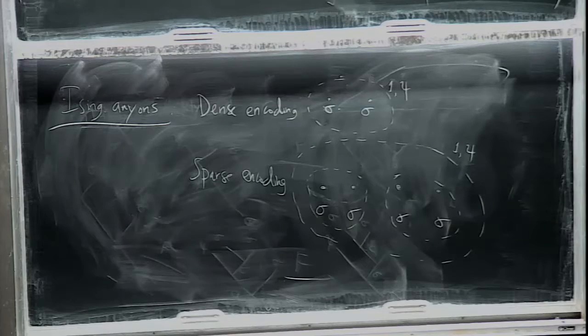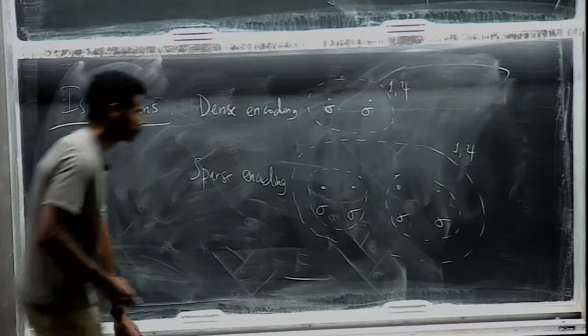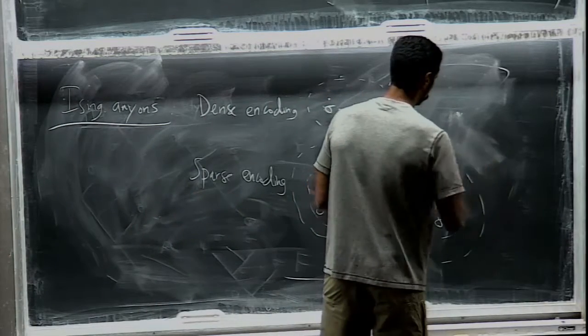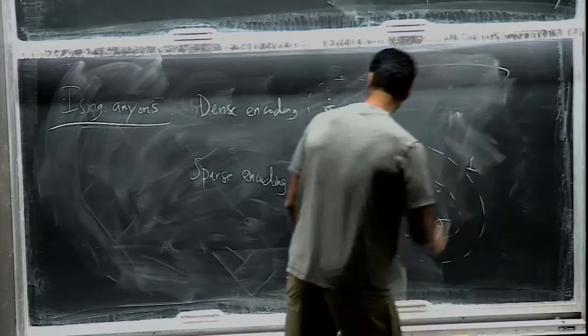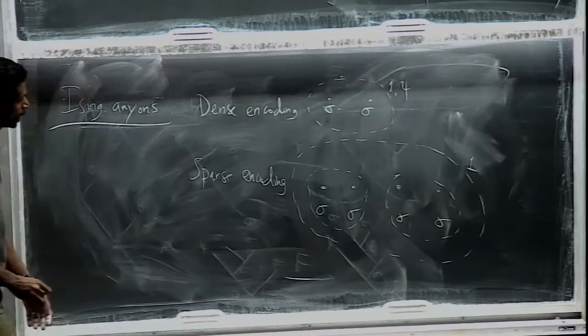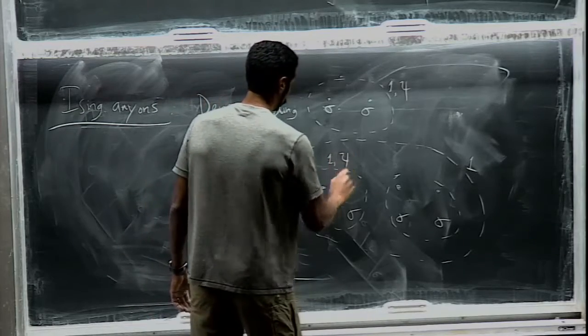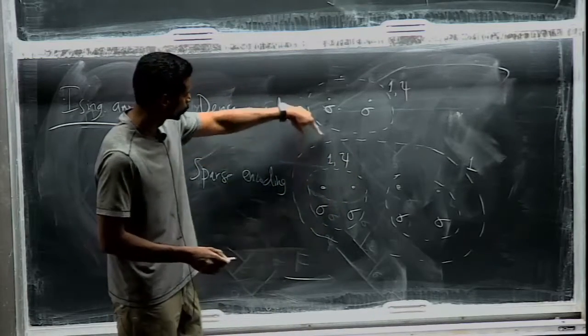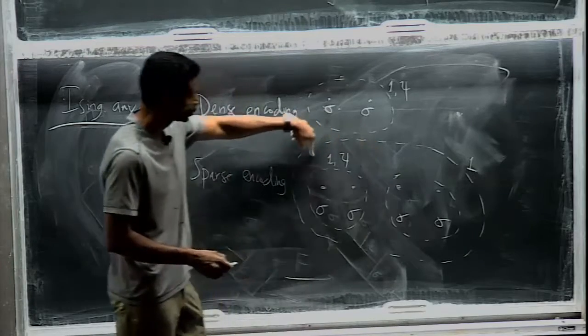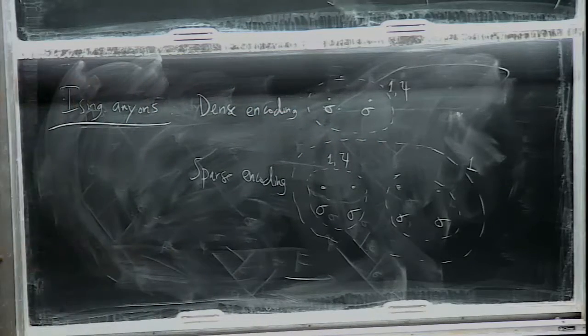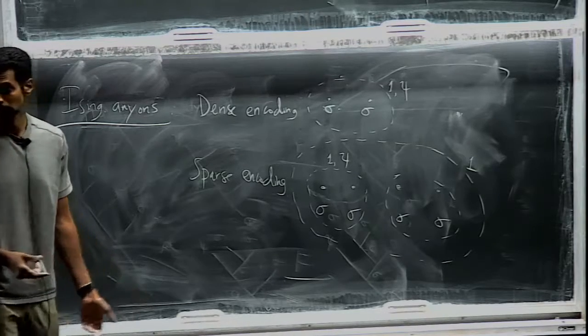The total charge of the four sigmas is assumed to be 1. Sorry, not 1 or psi, just 1. And then the pairs within, this one can be 1 or psi. And since the total charge is 1, this one has to be exactly the same as whatever this one is. So for this encoding, you need 4 times as many sigma particles as qubits.